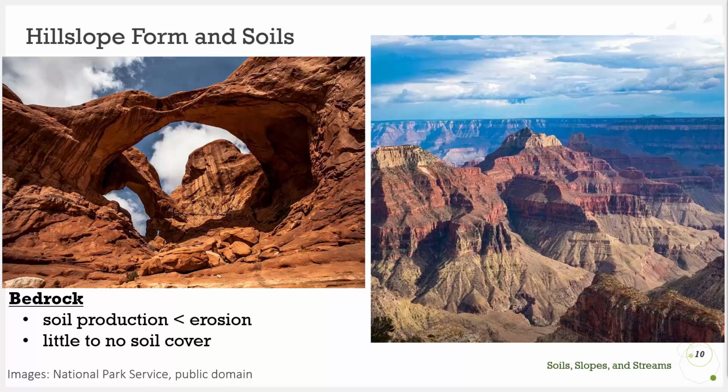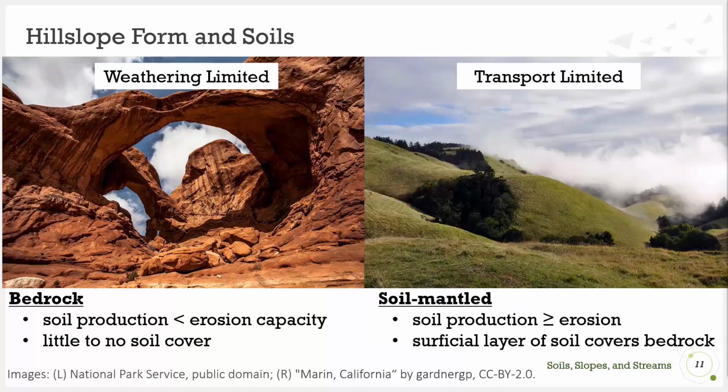Landscapes such as this are often referred to as weathering limited because sediment transport in them is limited by the ability to first physically and chemically weather and release the grains out of rock. In the other system on the right, we find a landscape with a continuous or near continuous soil mantle.